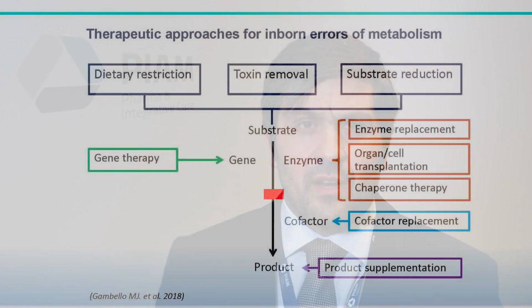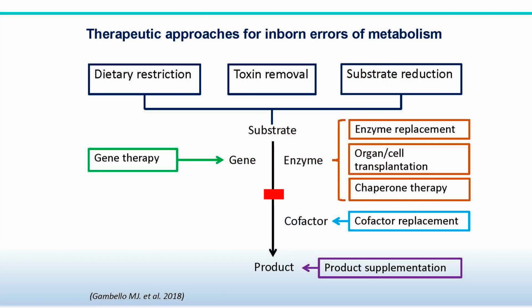The measuring of nutritional status in patients with inborn errors of metabolism, and particularly phenylketonuria, is very important. In fact, inborn errors of metabolism are caused by defects of enzymes or transporters that affect metabolic pathways.